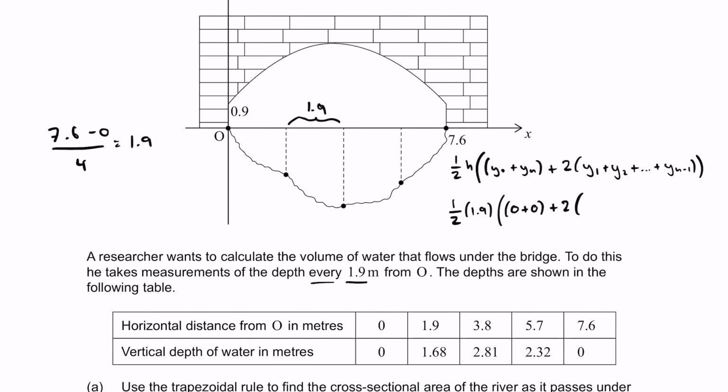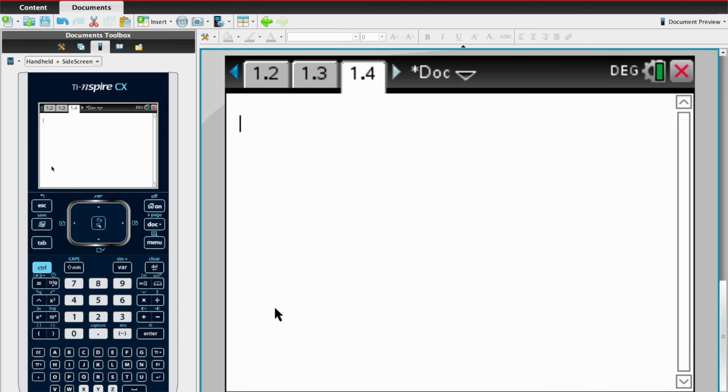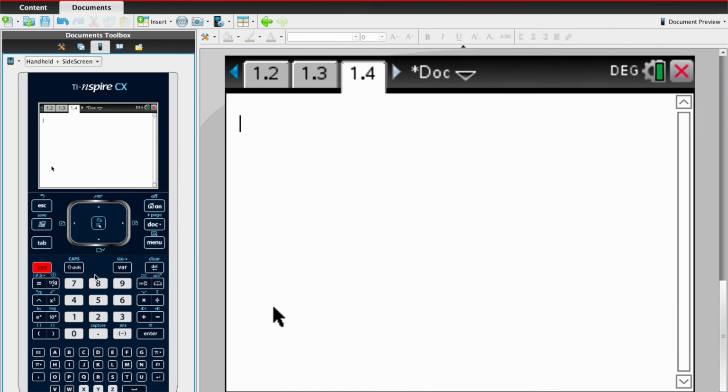So 2 times 1.68 plus 2.81 plus 2.32, close the brackets. All right, and this should give us an estimate for the total cross-sectional area of this river. So let's go to the calculator here, and let's write this out.